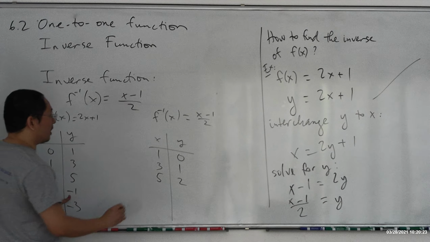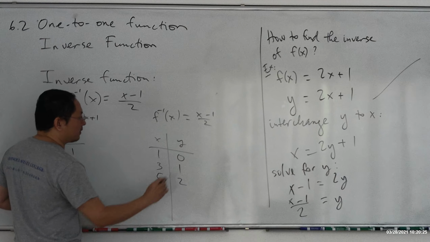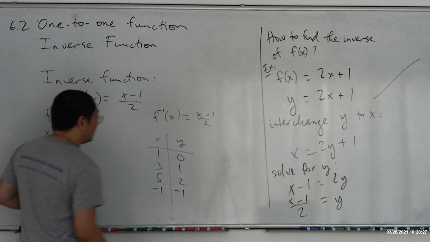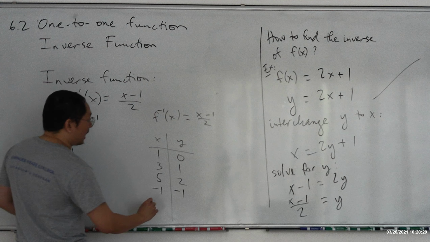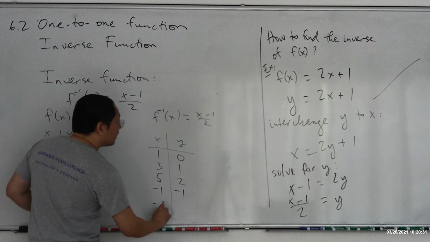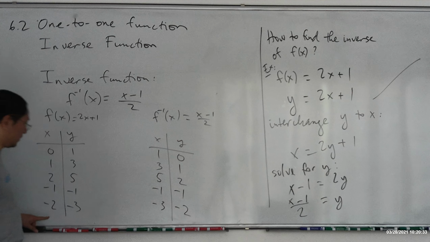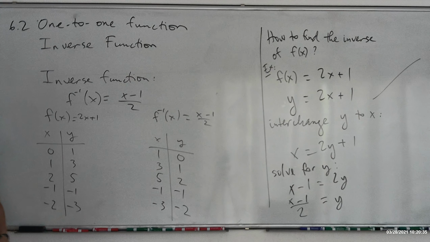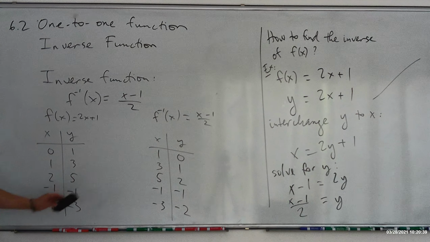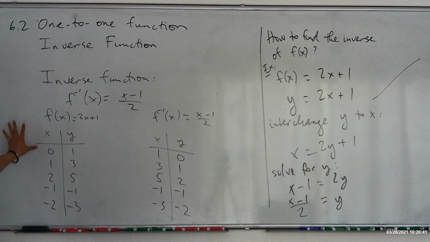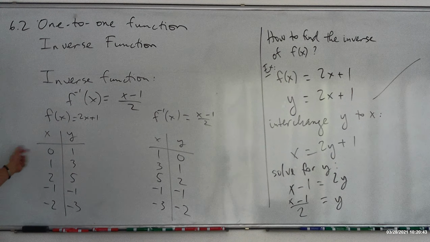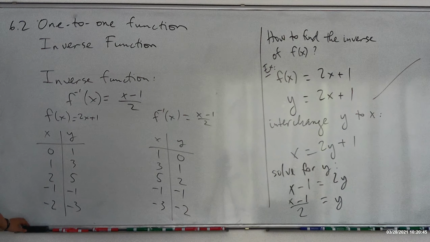Try -1 in. -1 minus 1 is -2, divided by 2 is -1. Try -3 in. -3 minus 1 is -4, divided by 2 is -2. You see? That's really the inverse of each other. So that is the meaning of the inverse function. It's the opposite procedure. Input becomes output and output becomes input.